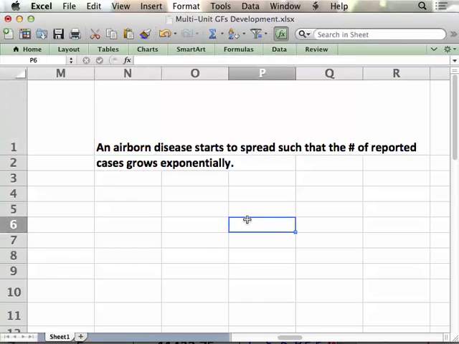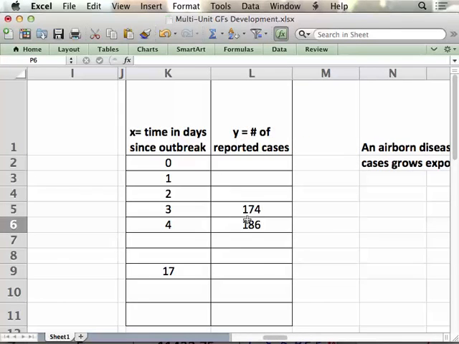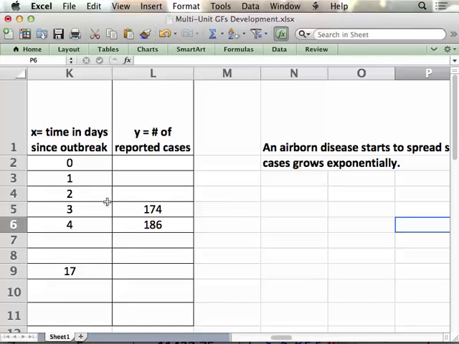That's the setup. So the number of reported cases is growing exponentially. So here's the information we have. 3 days after outbreak, there's 174 cases. 4 days after the outbreak, 186 cases.